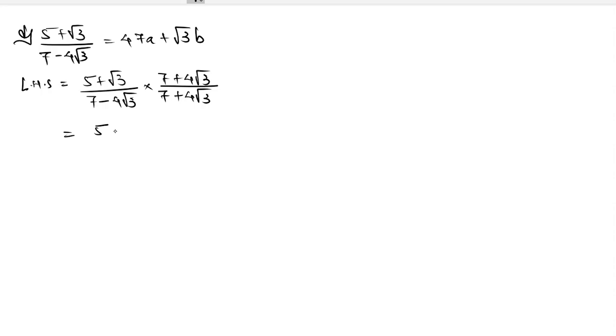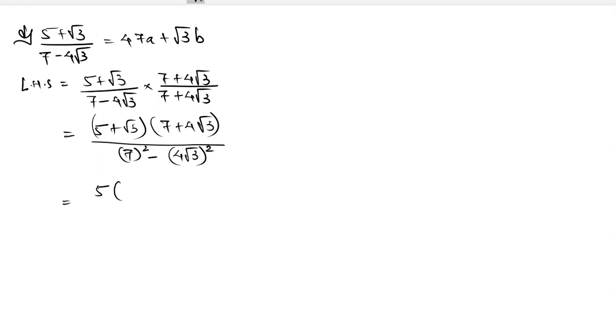So 5 plus root 3 multiplied by 7 plus 4 root 3, the whole upon 7 minus 4 root 3 into 7 plus 4 root 3 will be 7 square minus 4 root 3 the whole square.